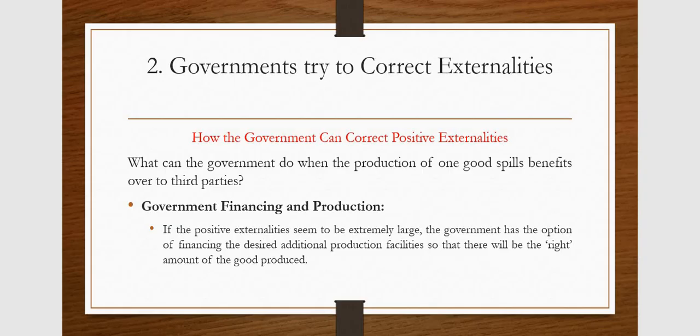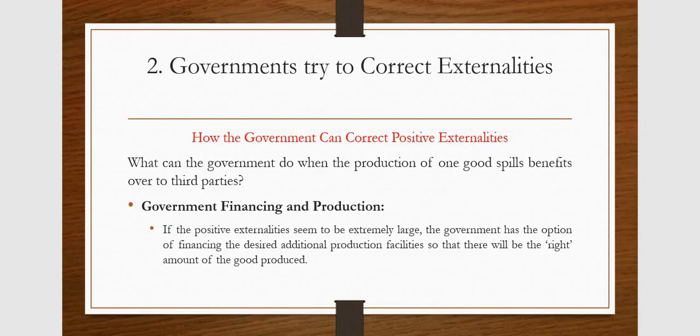With the positive externality, there is an under allocation of resources. Because we know the third parties in that particular environment or geographic area are enjoying this particular transaction or process which is being undertaken by the person.